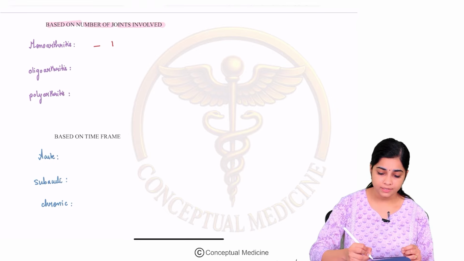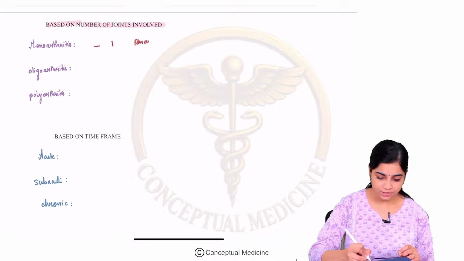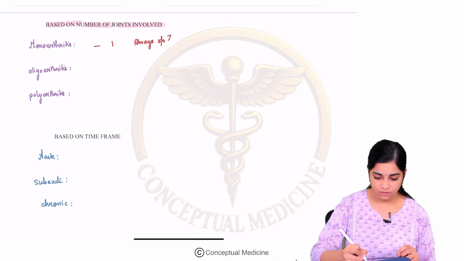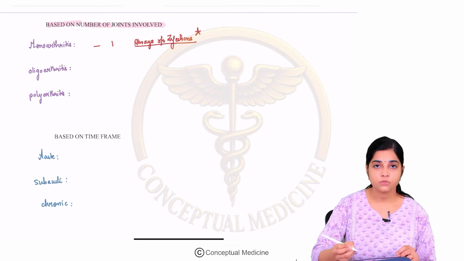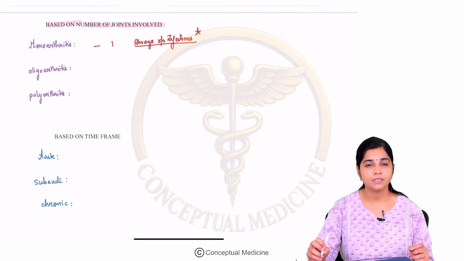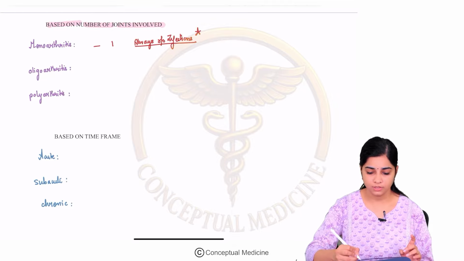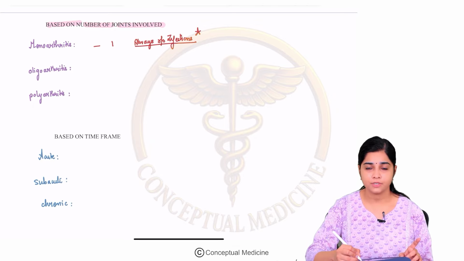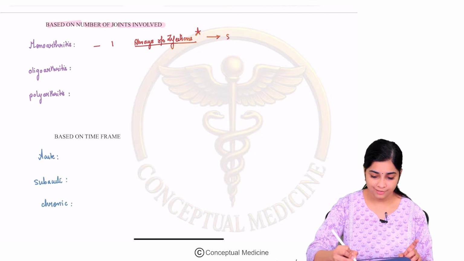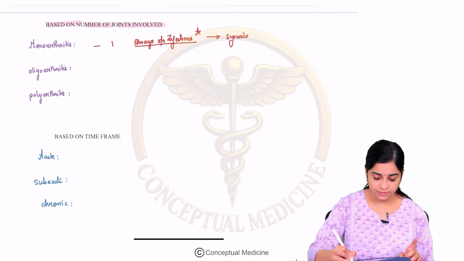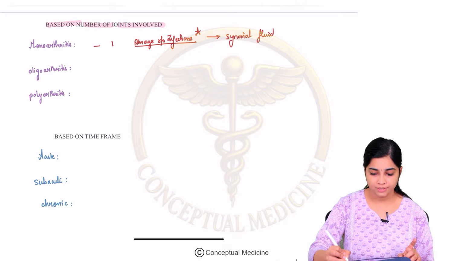Always rule out infections. Very important point. So any patient who is presenting with a monoarthritis syndrome where only one joint is swollen, you always have to rule out infections. And how do you rule out that? You have to do a synovial fluid analysis and see for evidence of septic arthritis.